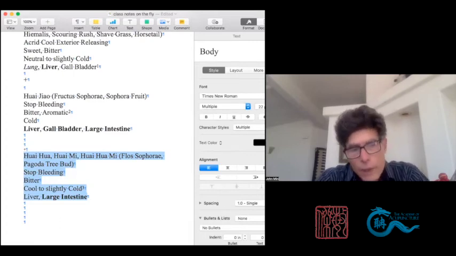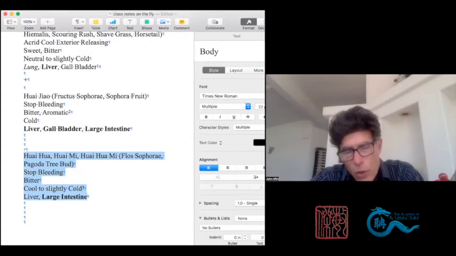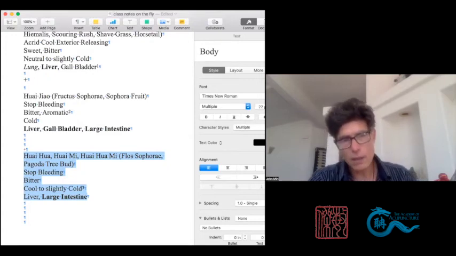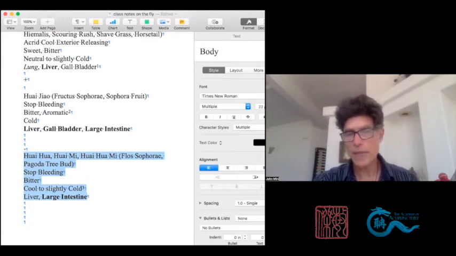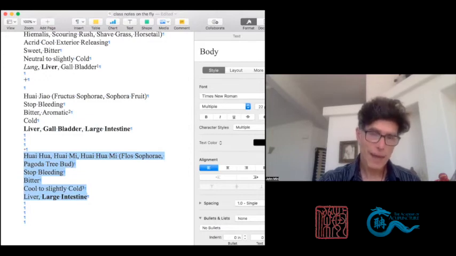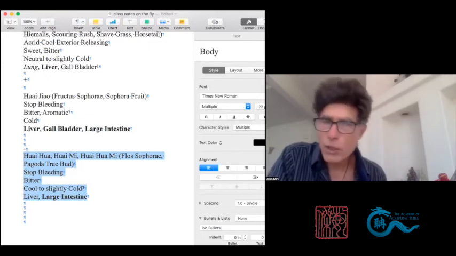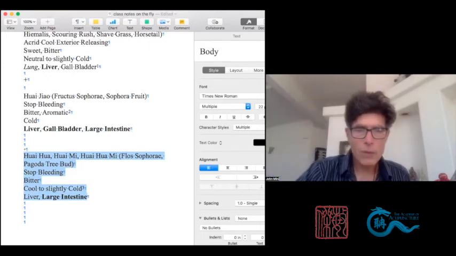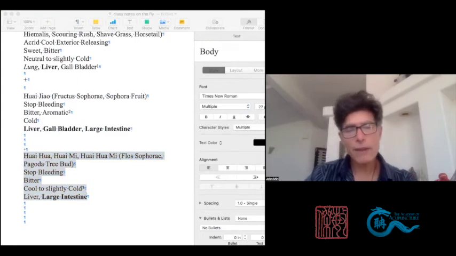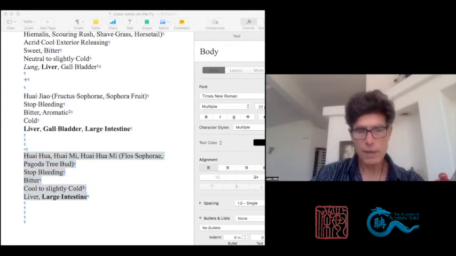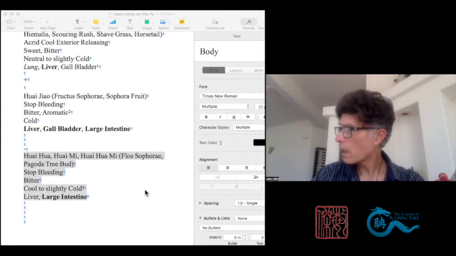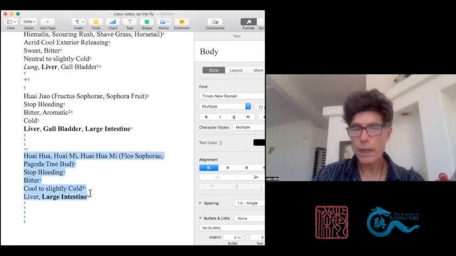But because both of these are working so strongly with the large intestine channel, it means we could use this formula for something like nasal polyps from liver blood stagnation, couldn't we? Yeah, like that. So that's a really significant sort of expanded Mingjie use of using some of these large intestine herbs. Okay. What if there's more stuck liver blood in the picture? Then we could use something like this.